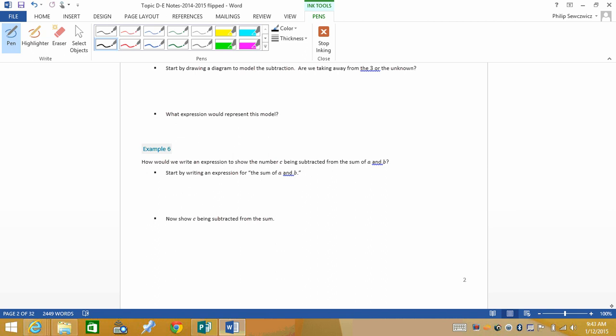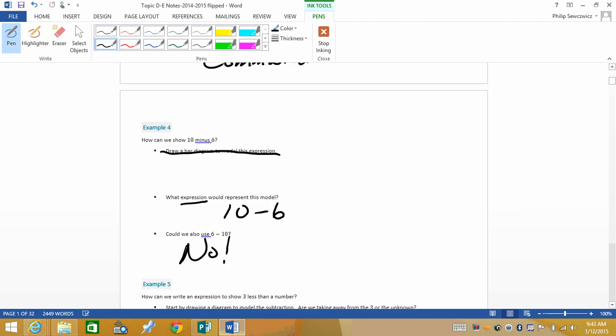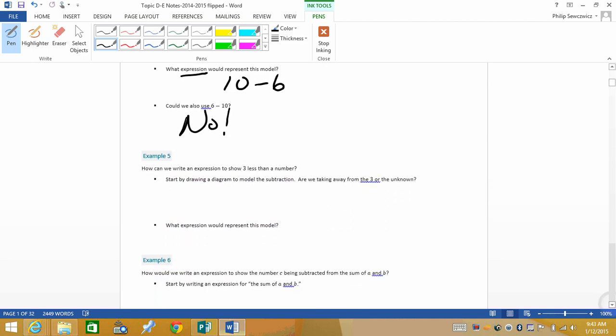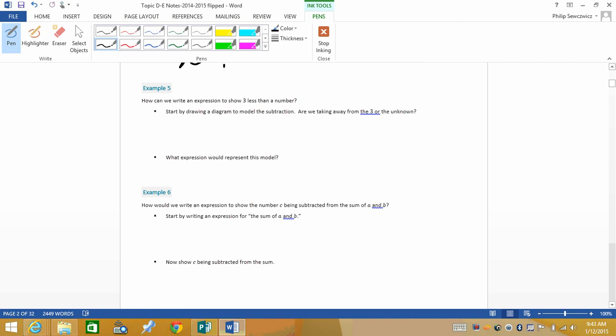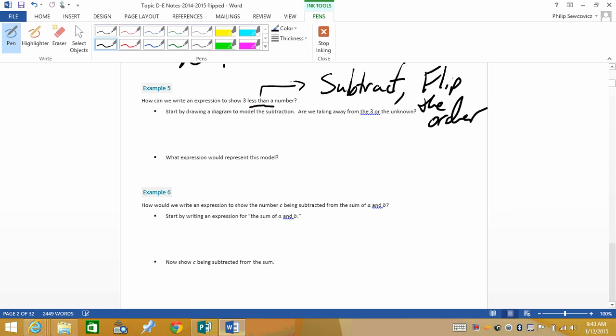Let me scroll back up just a little bit. Example number 5, how can we write an expression, so a math problem, to show 3 less than a number? Now, less than, first of all, which operation is that? Less than does mean to subtract, but wait, there's more. It also means that we need to flip the order as well.